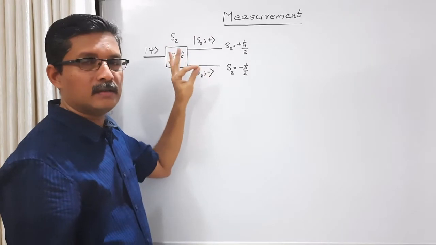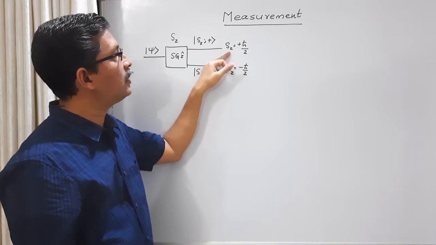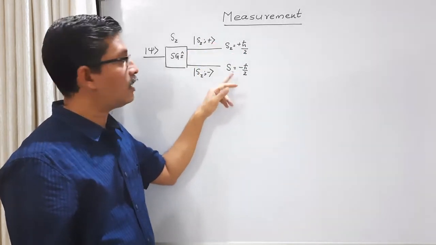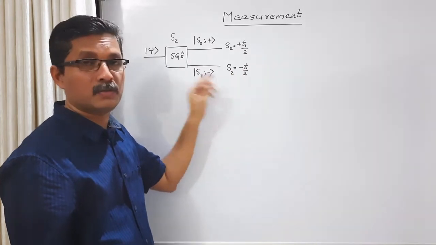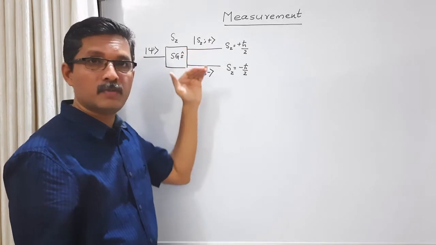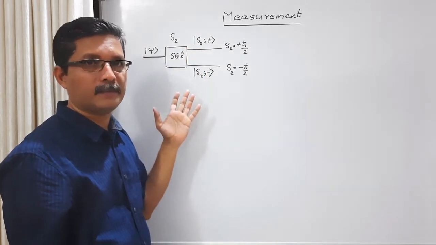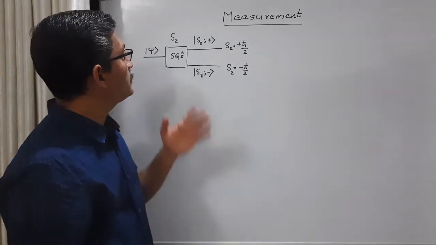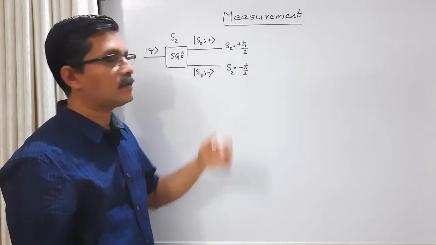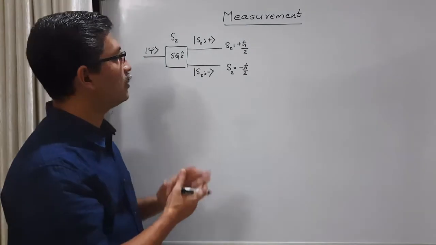Those deflected upward have the eigenvalue Sz equal to plus h cross by 2. The particle deflected downward has the eigenvalue Sz equal to minus h cross by 2. So the result of each individual measurement is either plus h cross by 2 or minus h cross by 2, one of the eigenvalues of this operator. It's a spin-half system, so this operator has only two eigenstates and correspondingly two eigenvalues. So this is what we have obtained.